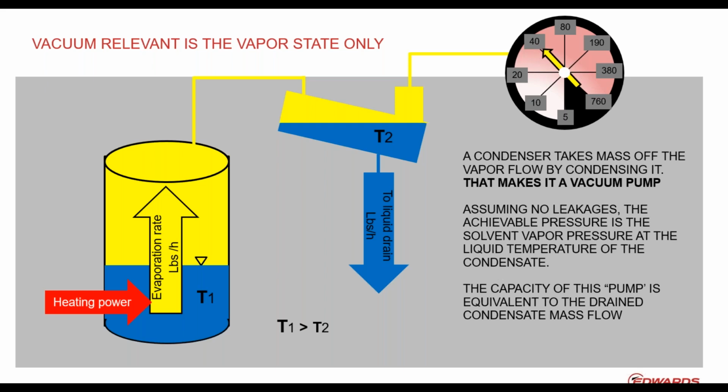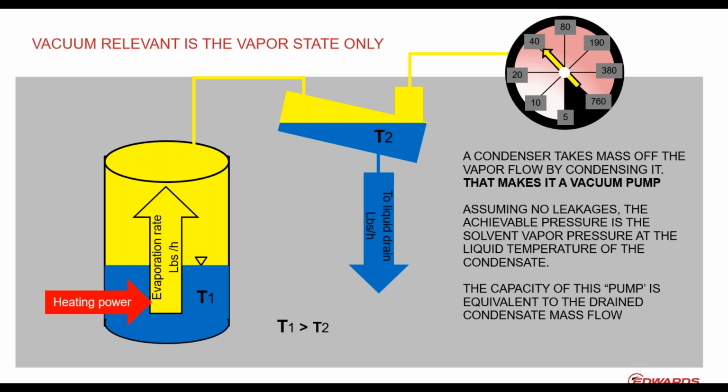And if you don't have a leak rate, let's go for a moment into this theoretical sense. I know we always have a leak rate, but theoretically, if there wouldn't be a leak rate, you wouldn't need a mechanical vacuum pump. Your condenser is doing everything, and it's doing everything right.